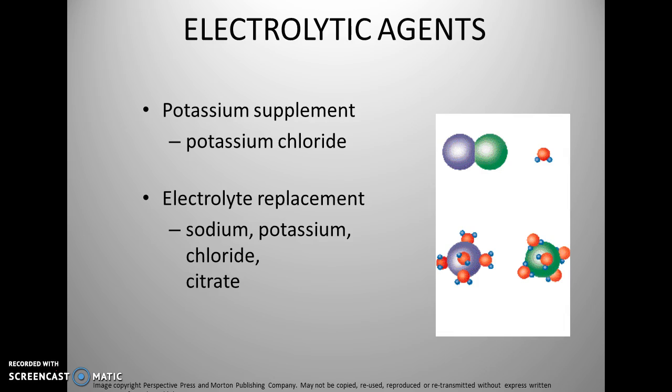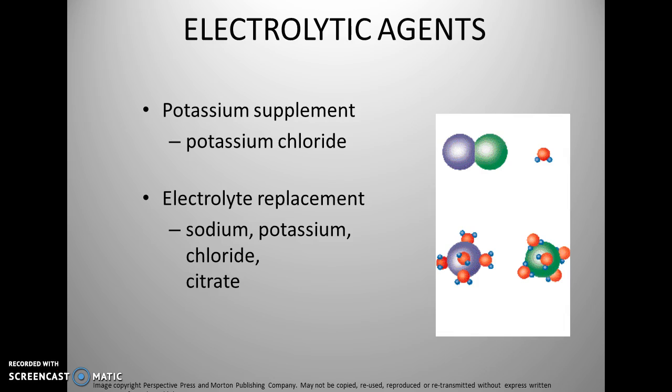One of the electrolyte solutions that is used a lot is called lactated Ringer's solution. It's a balanced isotonic solution. Balanced means that the electrolyte concentration is similar to serum, and isotonic means the osmolality is similar to serum. Lactated Ringer's solution contains sodium, potassium, calcium, and lactate. You should be familiar with that.